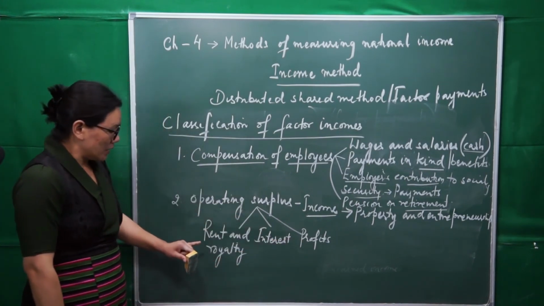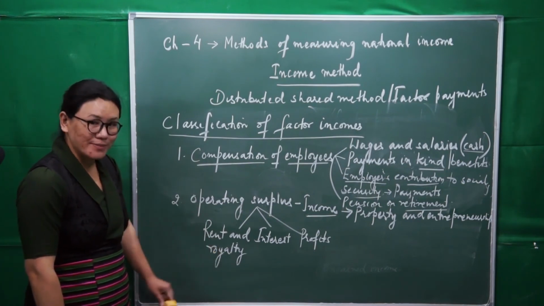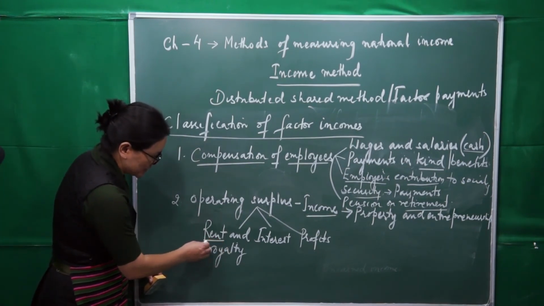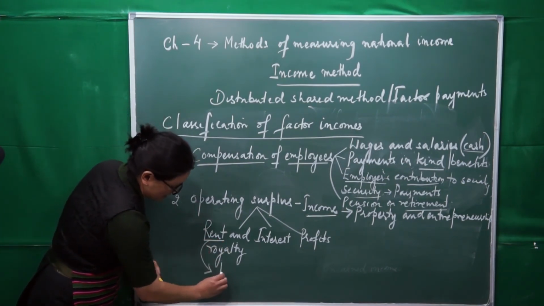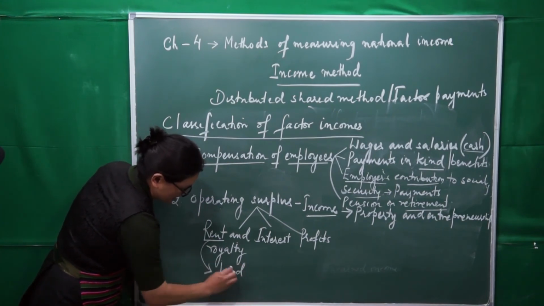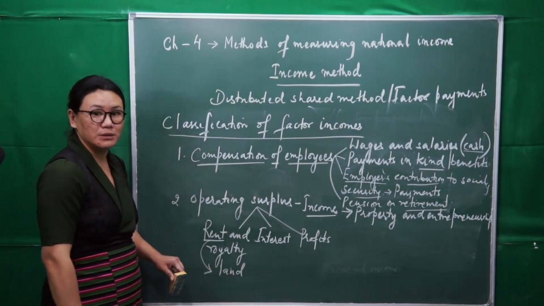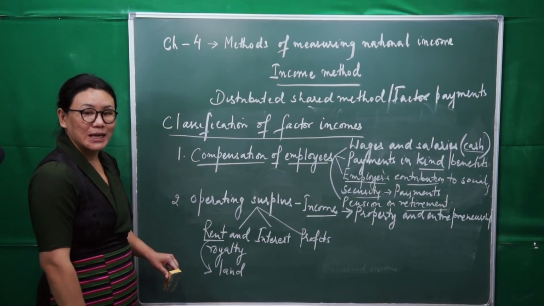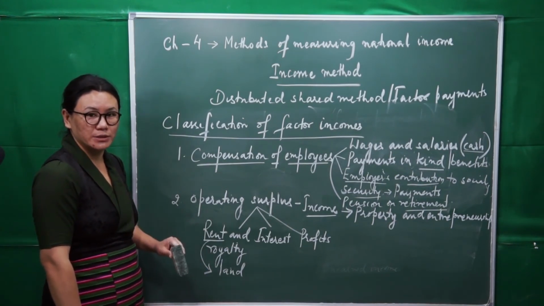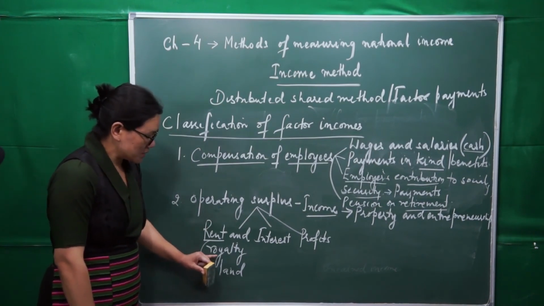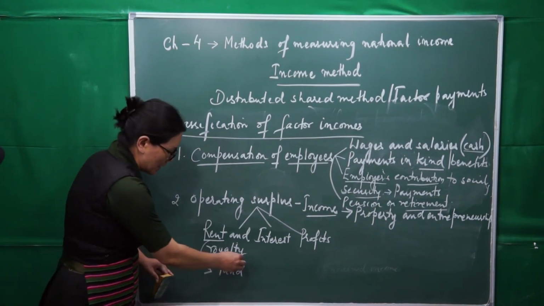Okay. Now, see here, what is this rent? This rent is from land. Okay, land, rent. Then, what is this? Royalty.